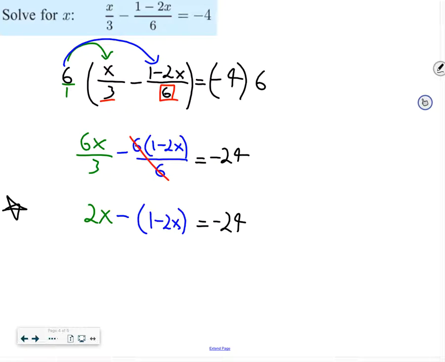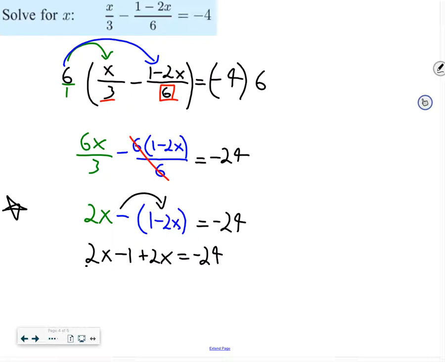Okay, so I'm going to solve this like other linear problems. This negative sign I'm going to make sure I distribute through so I can drop my parentheses. So I get 2x minus 1. Negative times a negative is going to be plus 2x, okay, is equal to negative 24. Since I already have a constant on the right side, I'm going to get all my variables on the left consolidated.